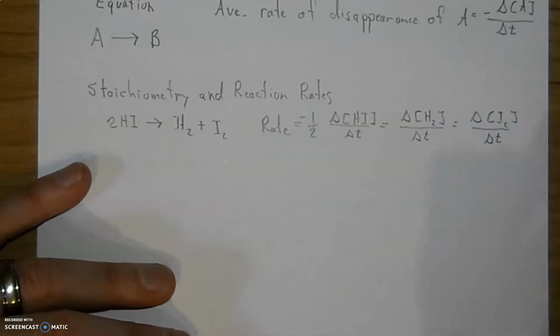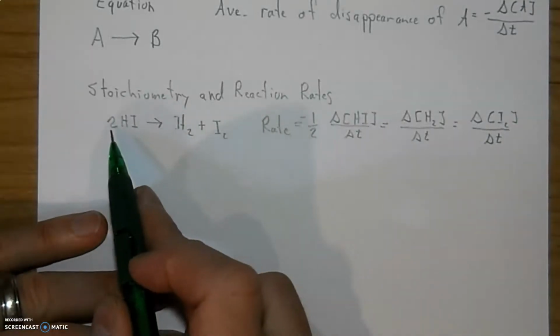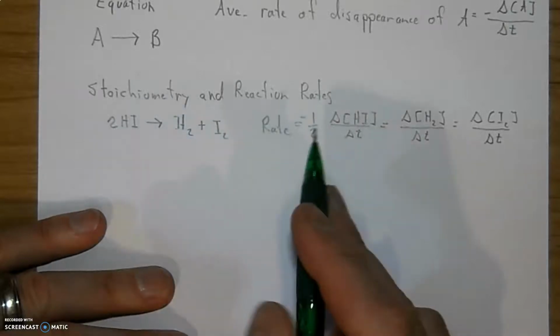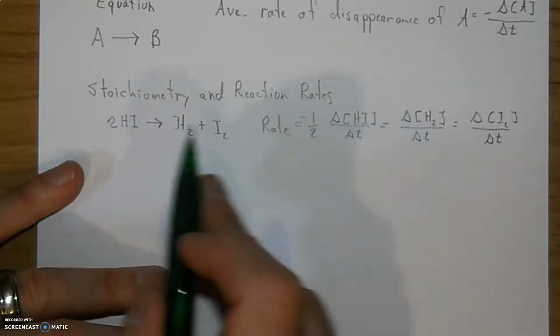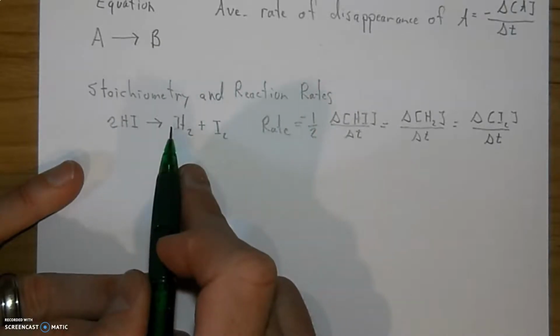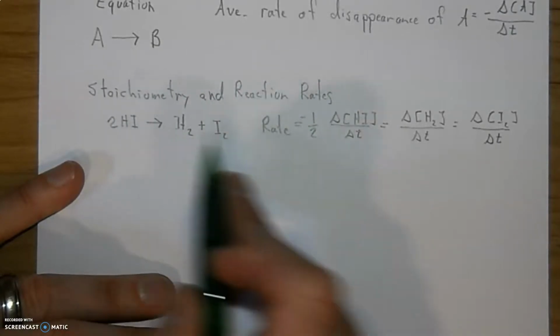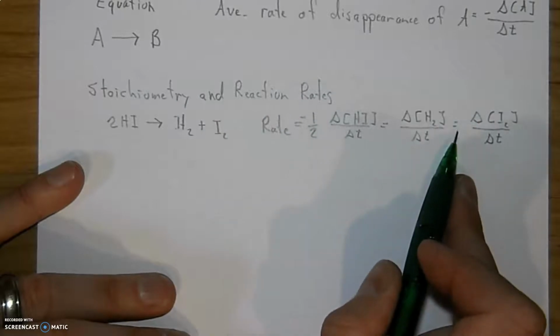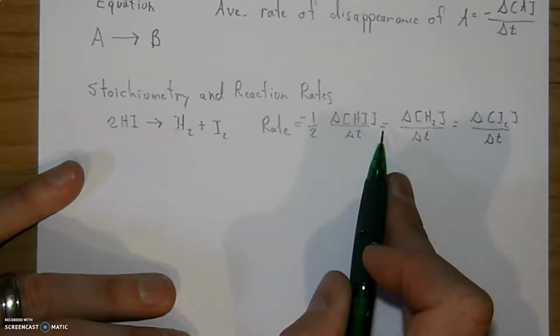So what we're looking at as far as the equation is the coefficient values become inverse values. So it has to do with, this is disappearing at twice the rate of the appearance of these two. In order to have them set equal to each other, we have to include half of the rate.